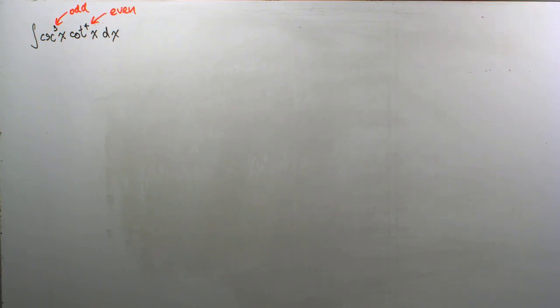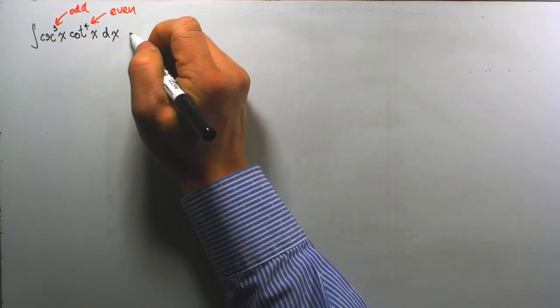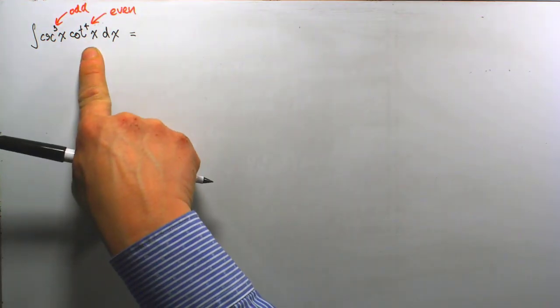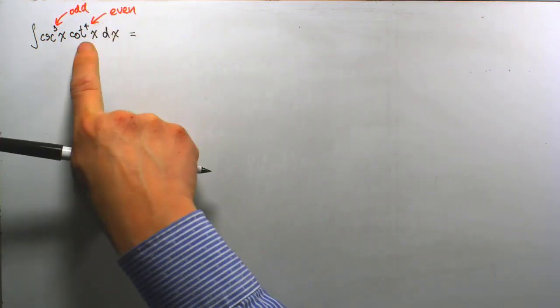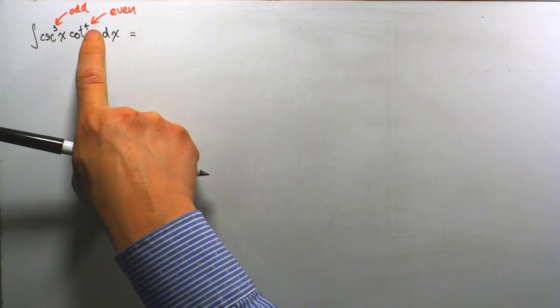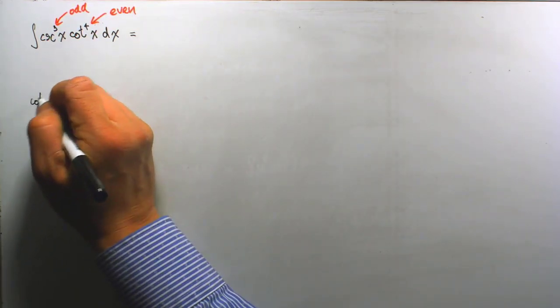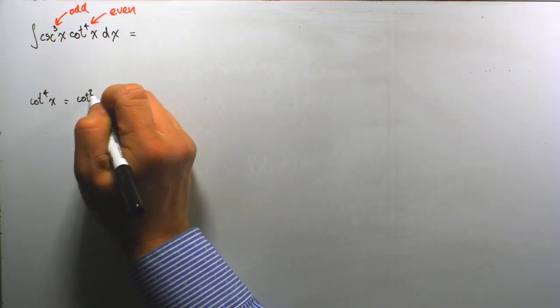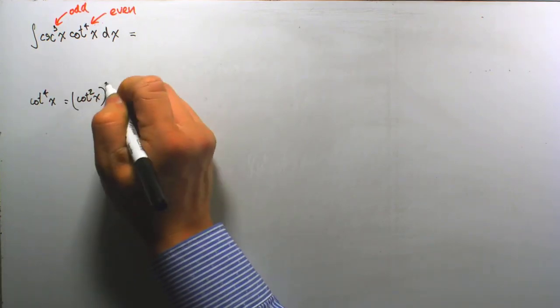And so, according to the guidance given in the general guidelines previously, from this even power of the cotangent, which is currently a power of 4, I can think of cotangent to the fourth of x as cotangent squared of x, all squared.